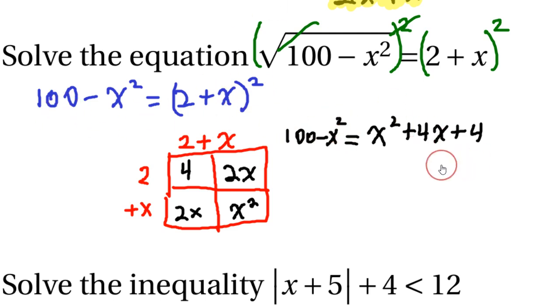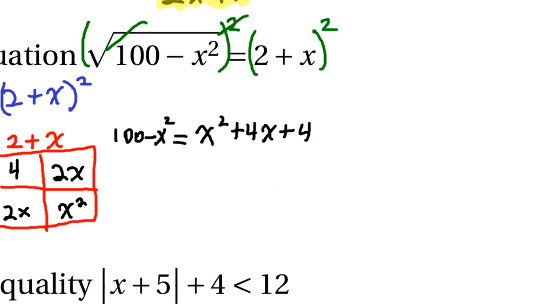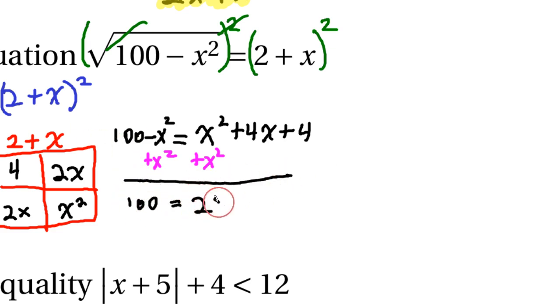So now that I see that this is the equation that I need to solve, let me add x squared to both sides. And when I do that, I will end up dropping down the 100, and I'm going to get 2x squared plus 4x plus 4.